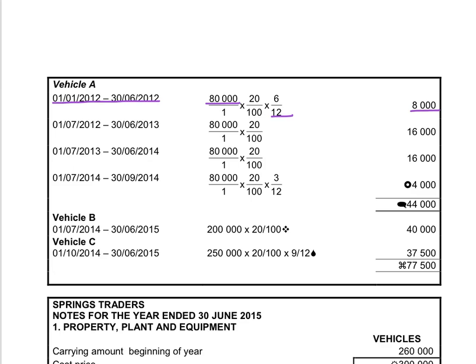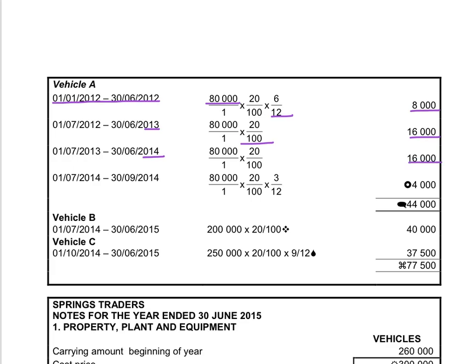From the 1st of July 2012 until 2013, we used it for the full year, so the depreciation was 16,000. Then from the 1st of July 2013 until the end of 30 June 2014, so that is the date before our current financial year, we used the asset for the full year, 16,000.